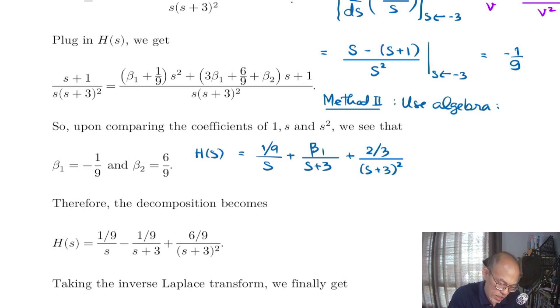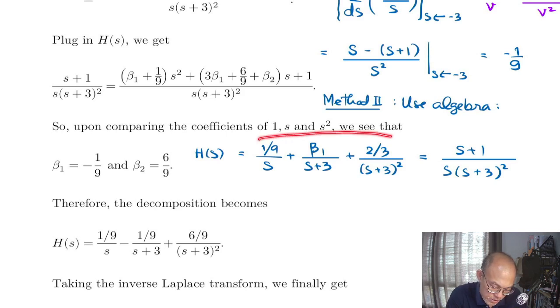But we know Hs is this, right? S plus 1 over s times s plus 3 squared. We know that. Now, our job is to combine these terms and then compare the coefficients between them.